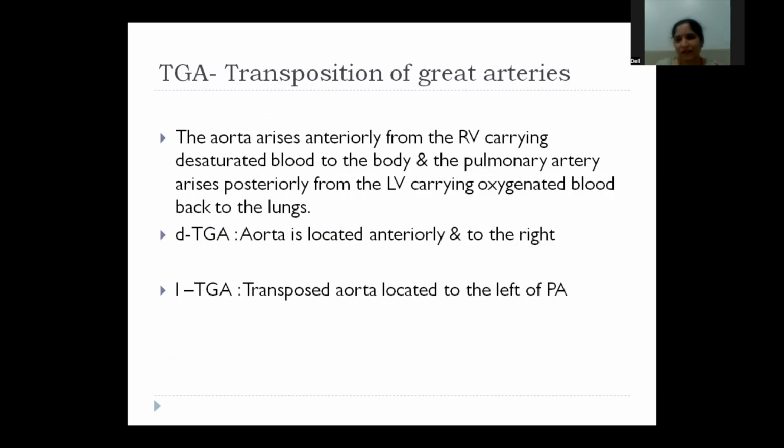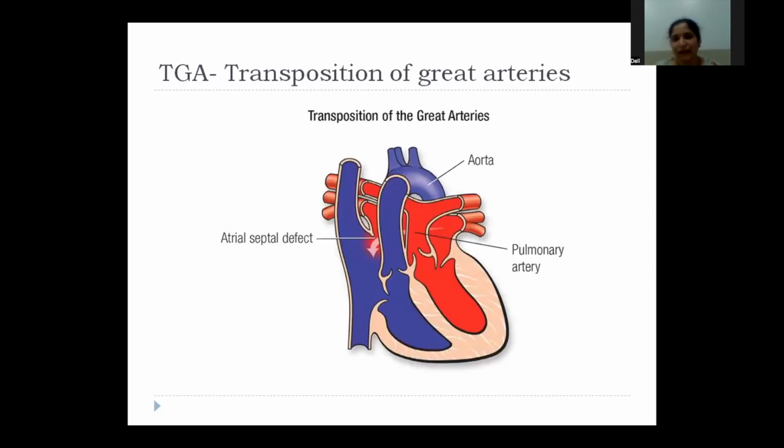Just briefly about TGA, the aorta arises from the RV, and the pulmonary artery arises from the LV. So the LV carries the oxygenated blood again to the lung, and the RV carries desaturated blood to the body, and there is complete desaturation. See, this is a pictorial diagram of the transposition of great arteries.